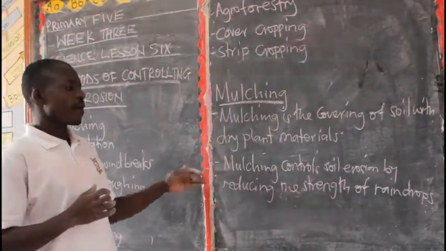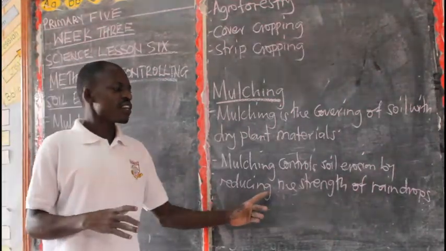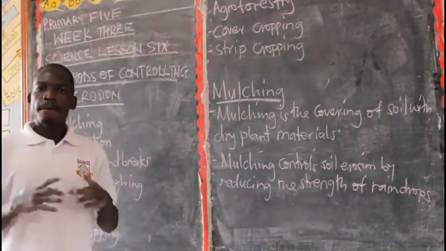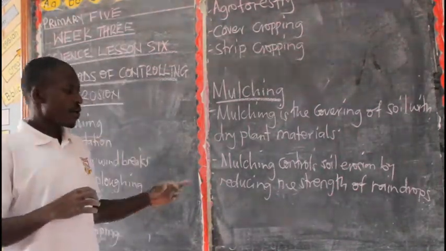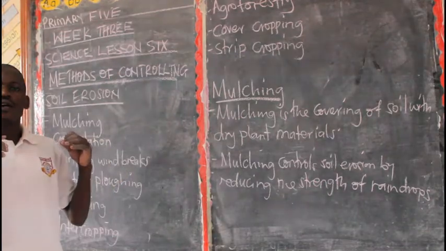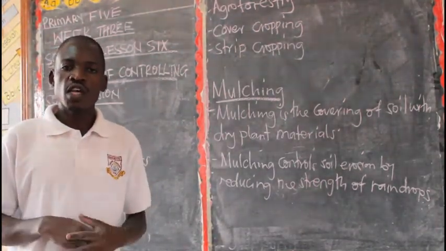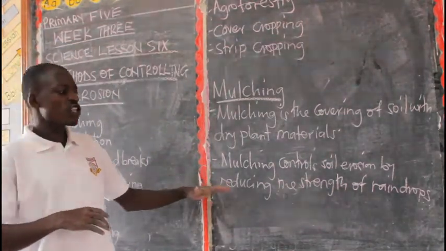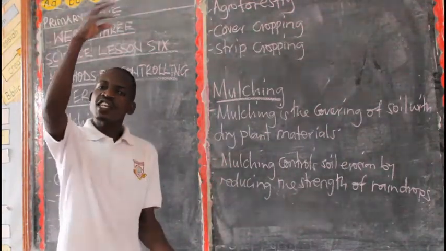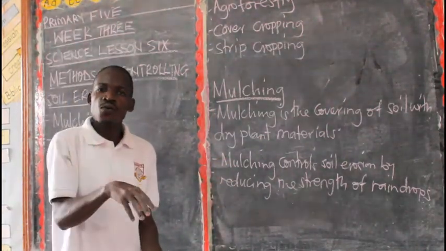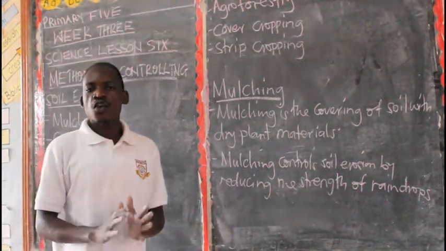Here is your answer. Mulching controls soil erosion by reducing the strength of the raindrops. Remember, we said that one of the types of soil erosion we have is raindrop erosion or splash erosion. Now, when you mulch your garden, you cover the topsoil with dry plant materials, and when the raindrops come to hit the bare ground, they find it already covered with dry grass or dry leaves.